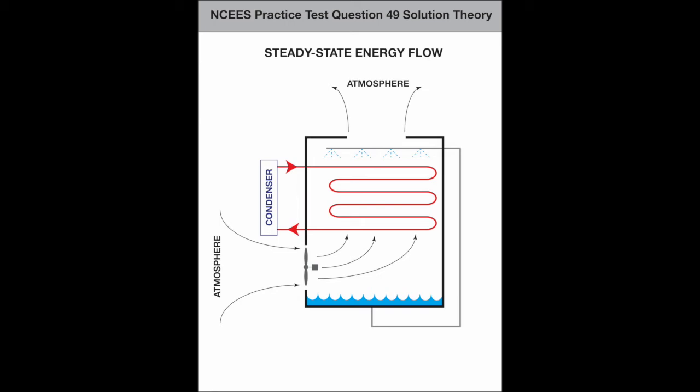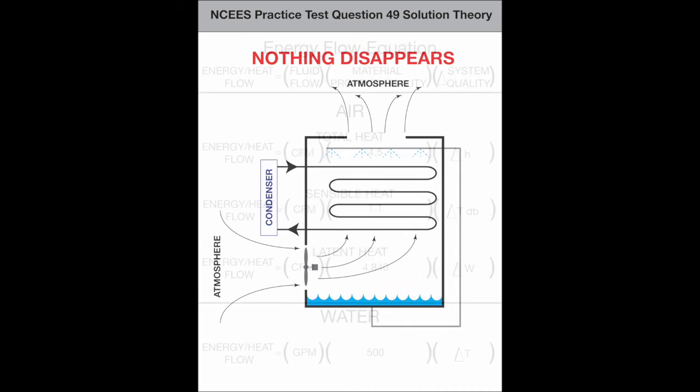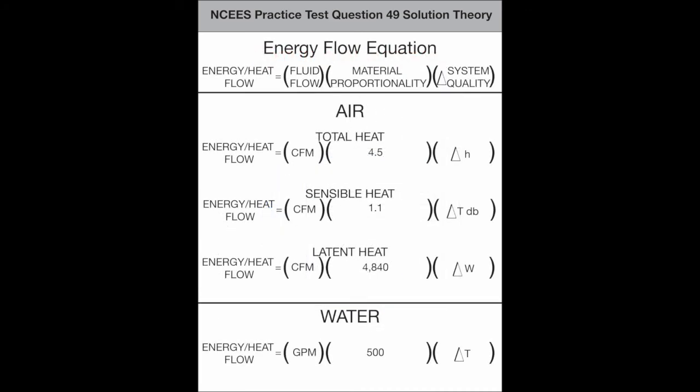The key critical thinking element for this cooling tower is balance. Energy that flows in must flow out. Nothing simply disappears. You should have these 4 energy flow equations memorized for the PE exam. You'll need to use them very frequently.